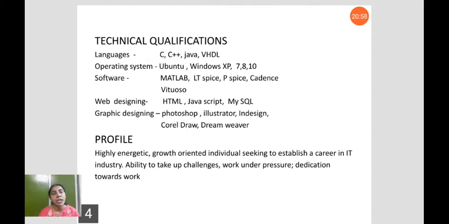So here there is a long list of technical qualifications, but a person who wants to apply for the post of a school teacher may not require all these qualifications or technical skills.